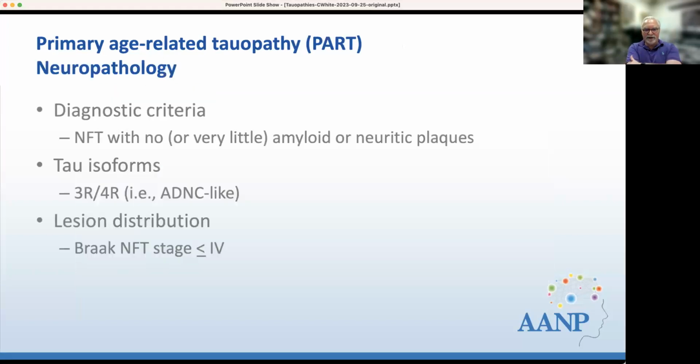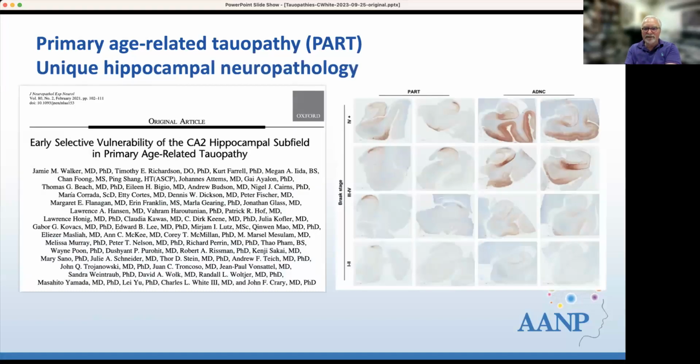And the diagnostic criteria for PART were established as neurofibrillary tangles with no or very little amyloid deposition or neuritic plaque formation. The tau isoforms, like in ADNC, were both 3R and 4R tau, again in roughly equal proportions. The lesion distribution was typically restricted to the medial temporal lobes, entorhinal cortex, and hippocampus, rarely exceeding Braak stage 4, so not really extending out into the neocortex.